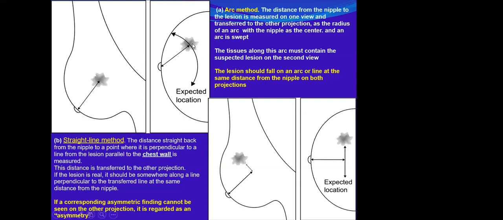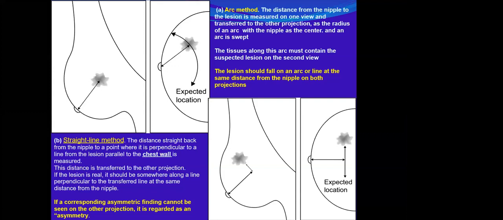Then we use it as the radius of an arc, and we sweep the arc in that area, and we expect the abnormality should be seen within the tissue along this arc. If we could see it, that means it is a focal asymmetry.